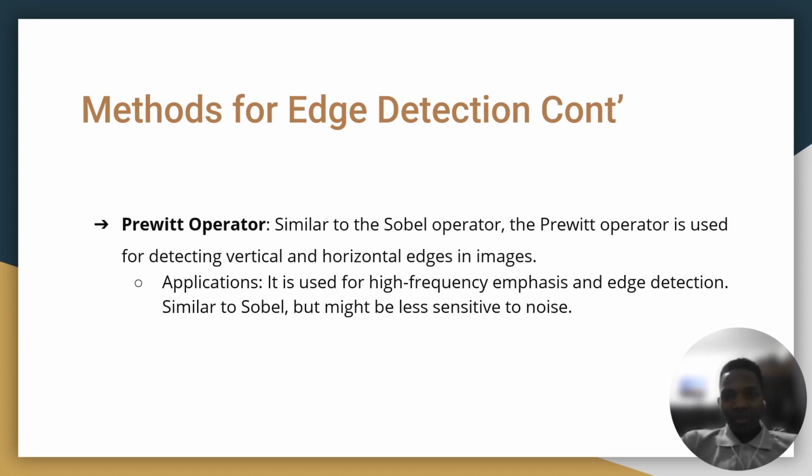It's usually used for high frequency emphasis and edge detection. Like we already said, it's similar to Sobel, but might be less sensitive to noise, because one of the problems that Sobel had is that it can be very sensitive to noise in images. But Prewitt performs a bit better even when there is noise in the image.